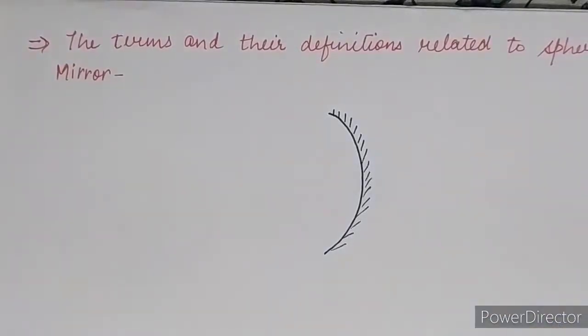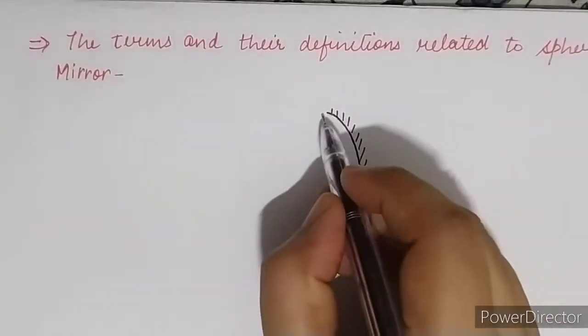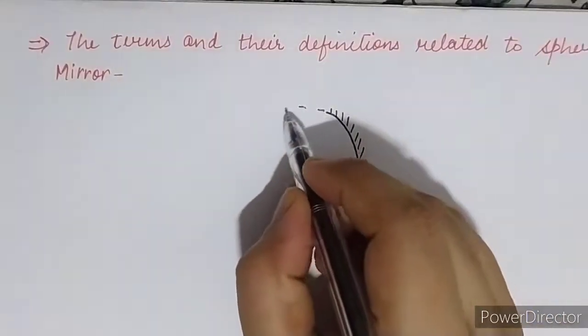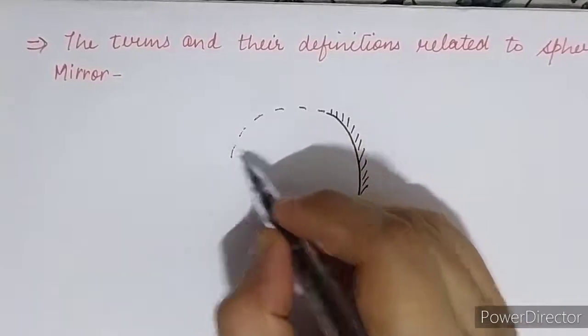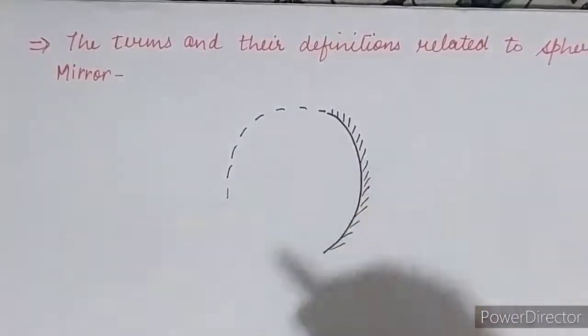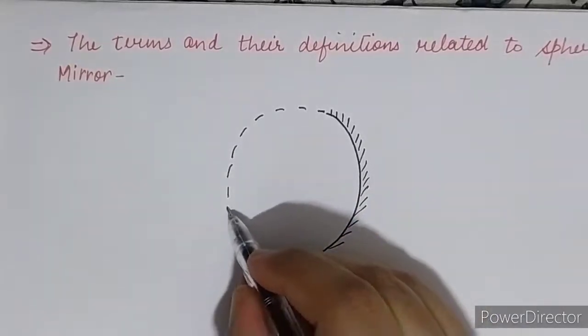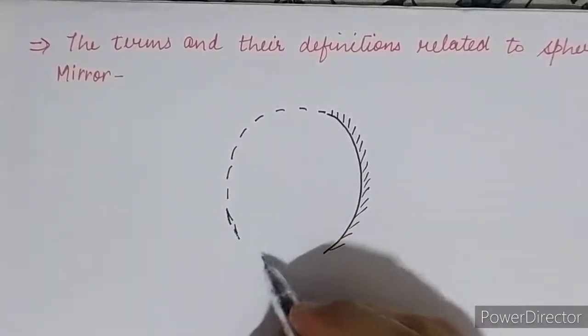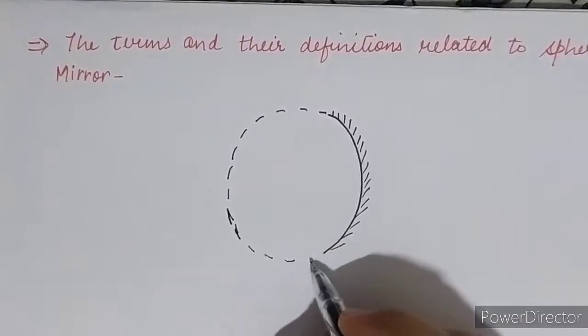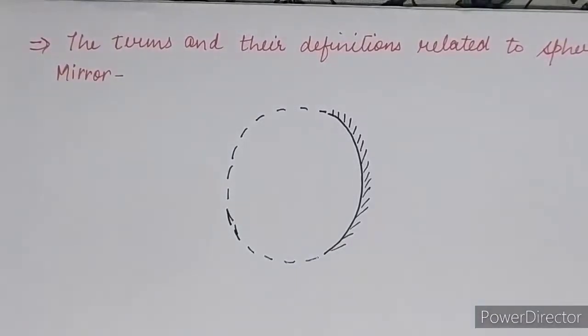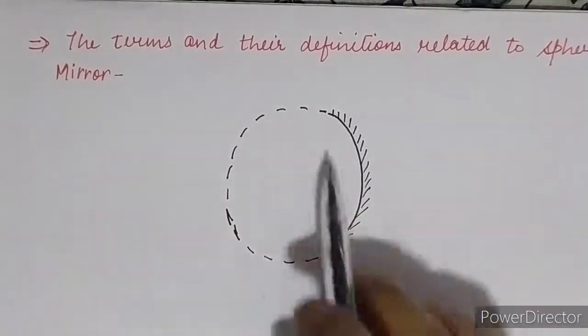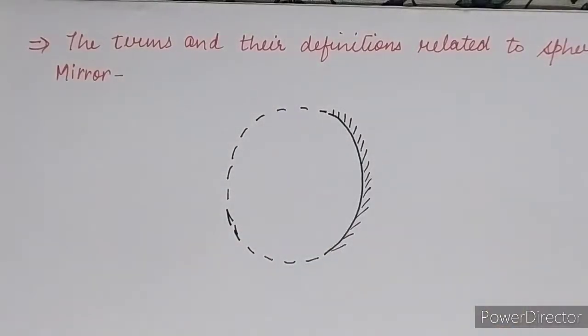Now as you know, the spherical mirror is a part of a hollow sphere, so I am just making a complete sphere of which it is a part. Clear? So now you have seen that the spherical mirror is a part of a hollow sphere, and I have taken here the concave mirror as its part.